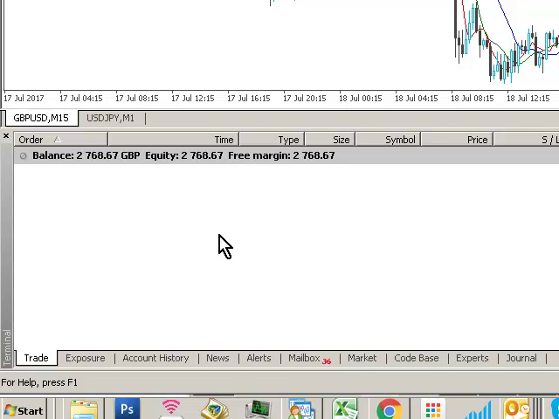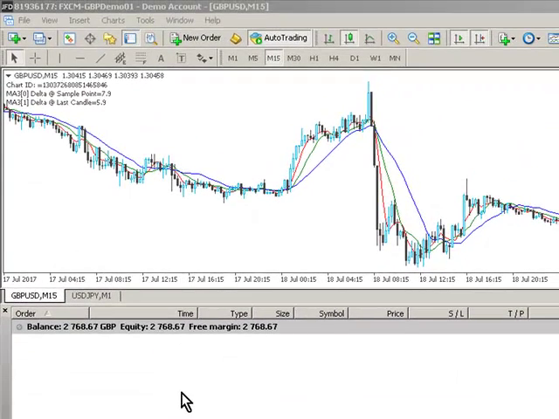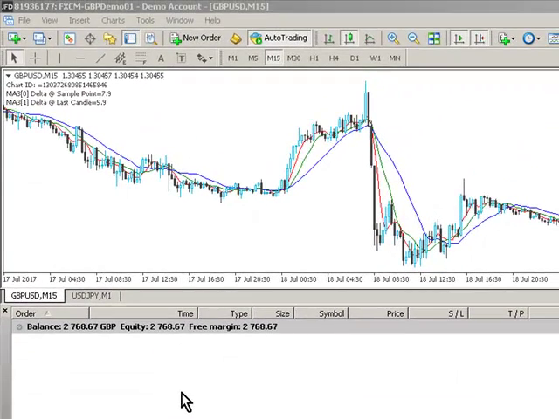Someone was asking whether there was a way to filter out range-bound market conditions from the automated trading approach or program. That makes total sense because moving averages work really well in trending conditions and are pretty useless in range-bound markets.